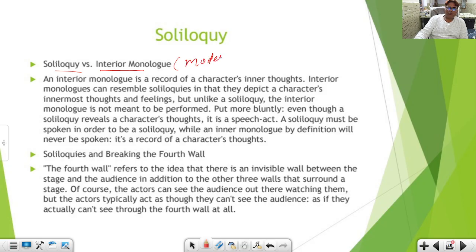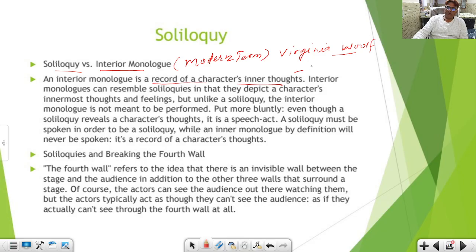It started in the modern age, and writers like Virginia Woolf actually made it popular. So interior monologue is a record of the characters' inner thoughts.